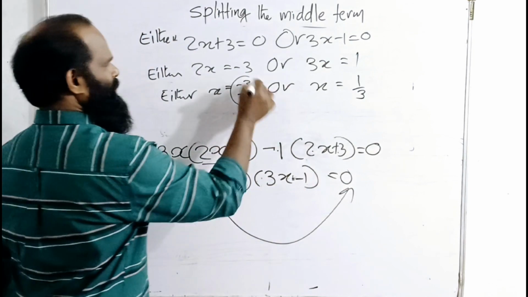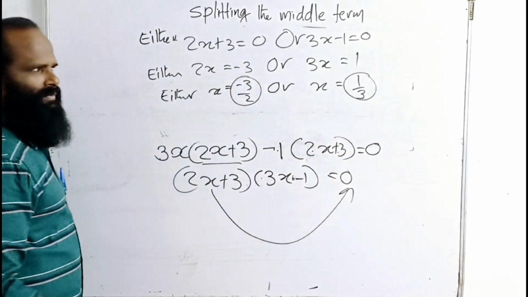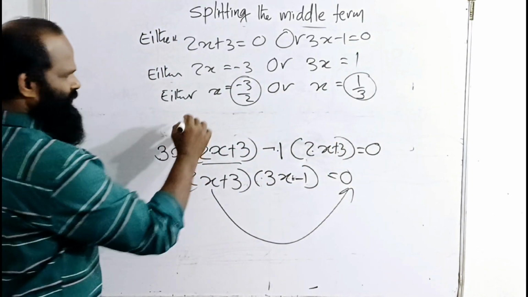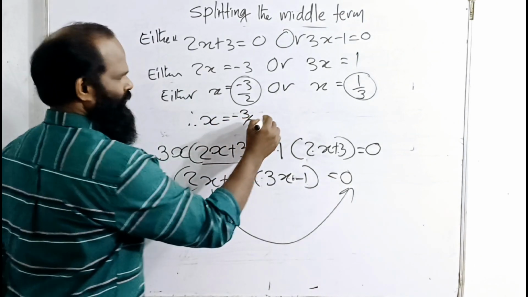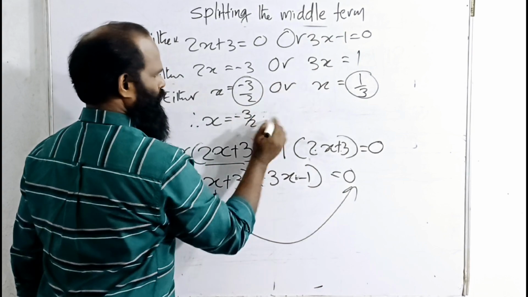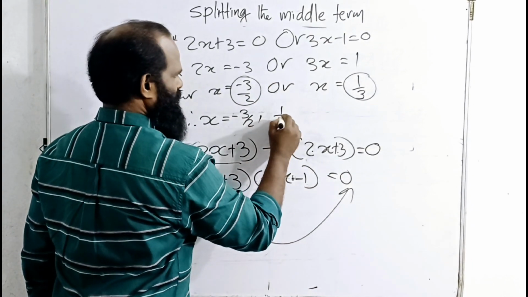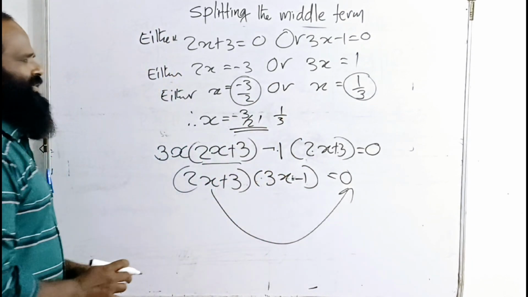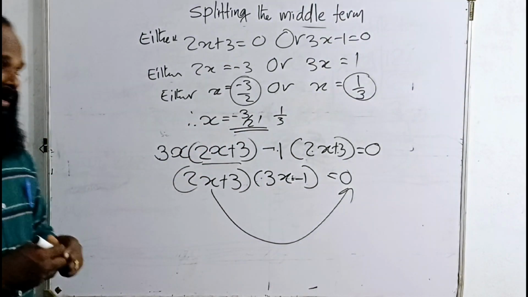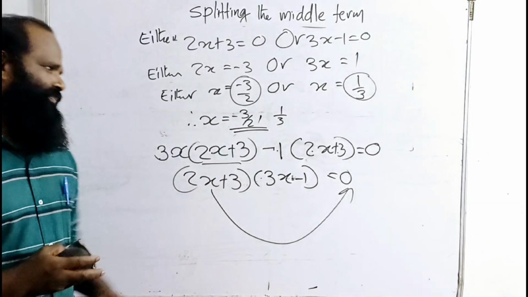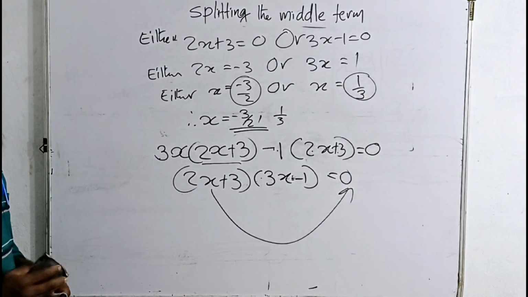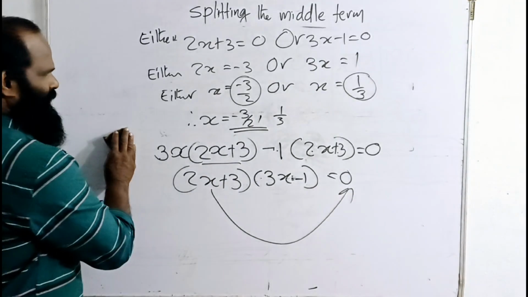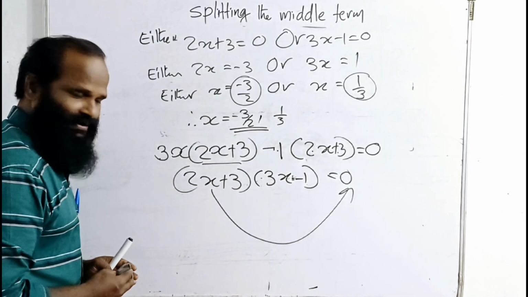So we have got two numbers, -3 by 2 and 1 by 3. So therefore x is equal to -3 by 2, comma 1 by 3. So these are the values of x in this question. This is the second question. Okay, let us see another question now.